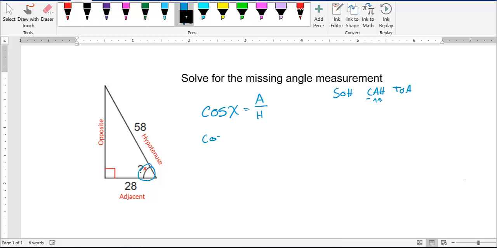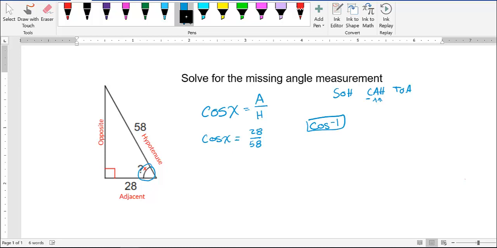So the cosine of x, if you are looking for the missing angle measurement, we're going to use what's called the inverse function. You're going to look for this button on your calculator when you do this.